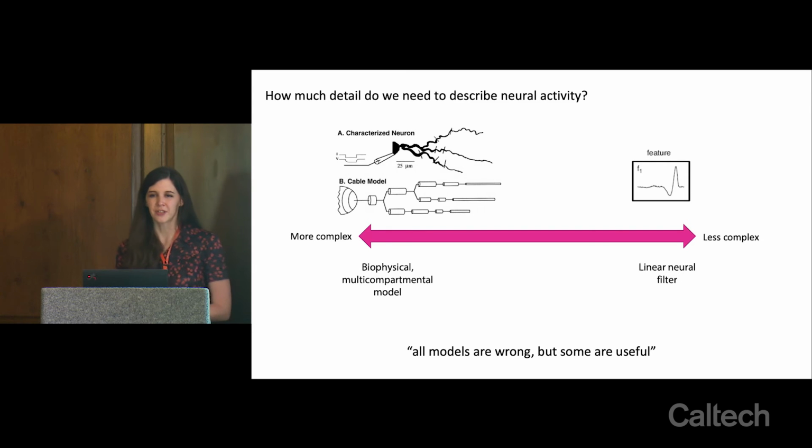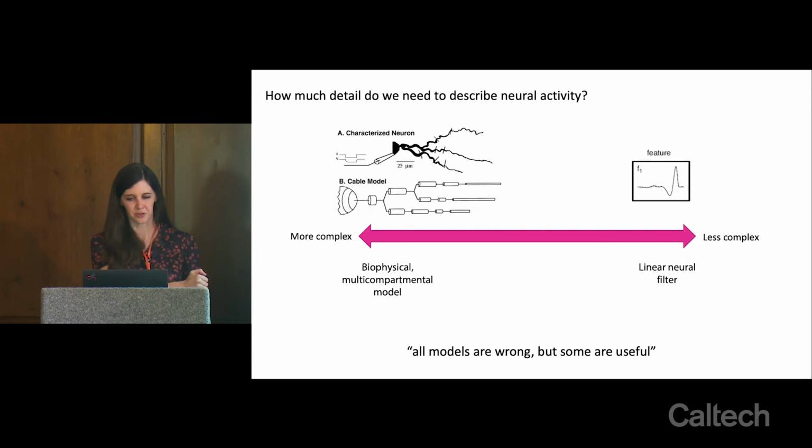In general, you can think about models in neuroscience as ranging from very complex, very constrained models that are fit to a lot of biological detail to very simplified abstract models of neural activity that throw away a lot of the detail of the biophysical system and just try to capture basic properties of neurons.